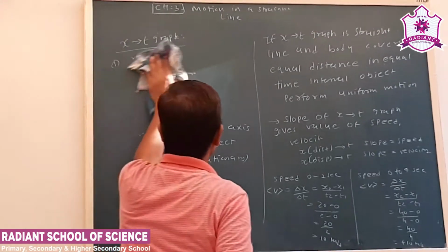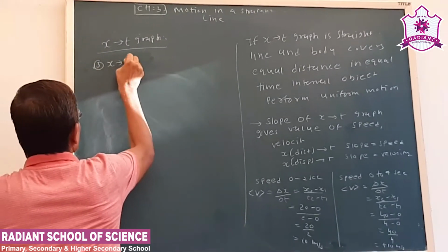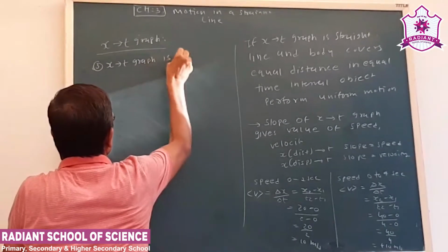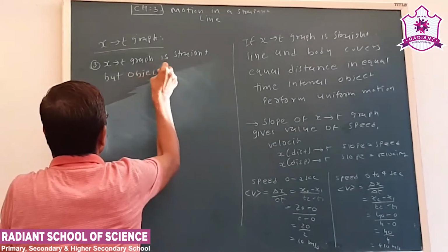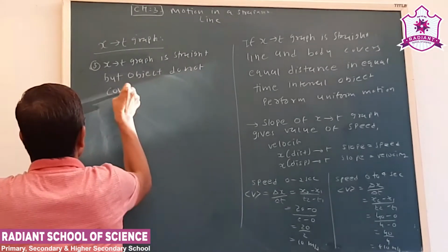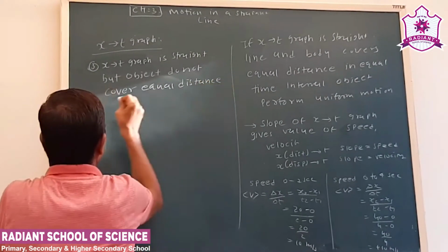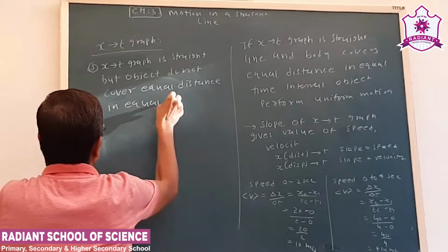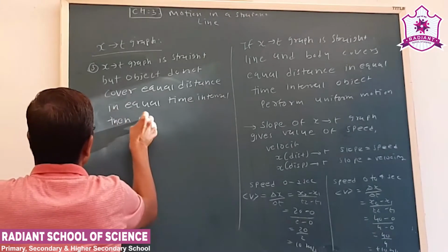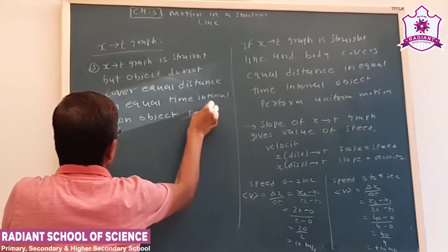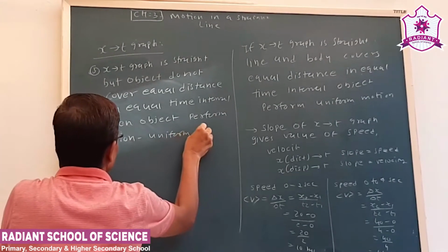Now the third type of graph: the x versus t graph is a straight line but the object does not cover equal distance in equal time interval, then the object performs non-uniform motion.